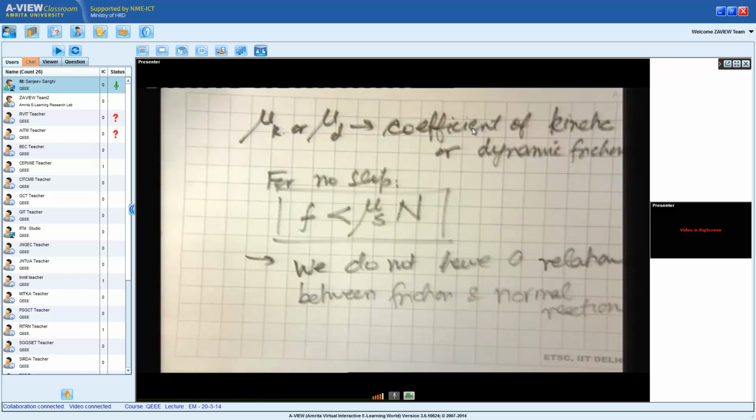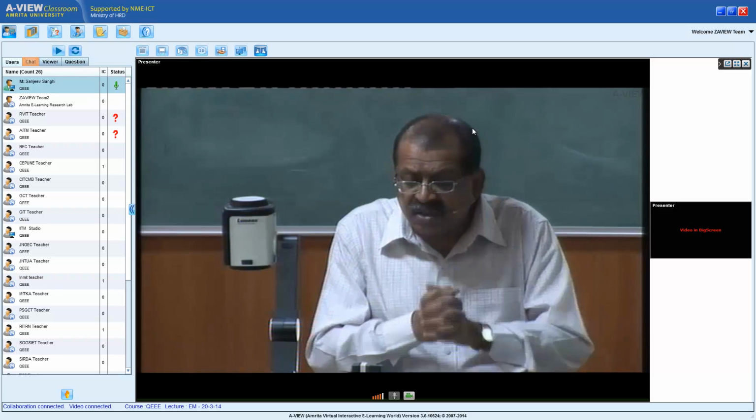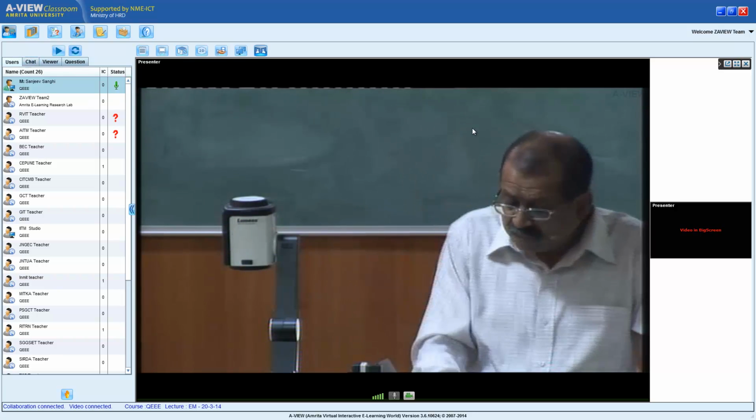There is no direct relation between friction and normal reaction. The mu N gives us a limiting value of friction. So that is how things are when we have friction and normal reaction, and this is how we work.